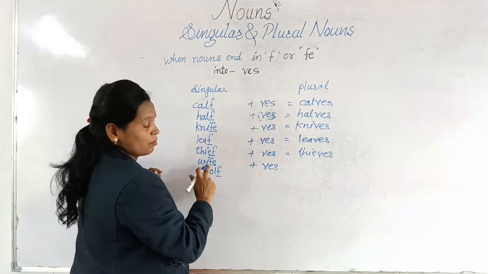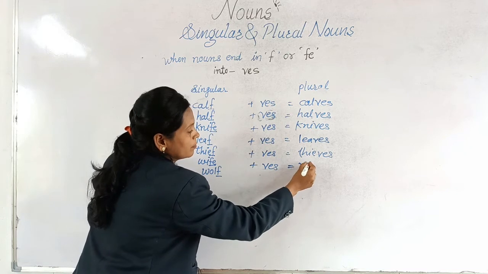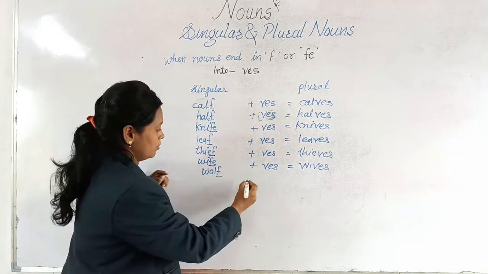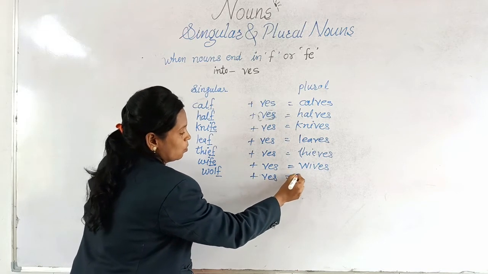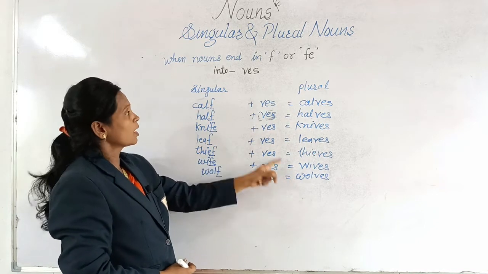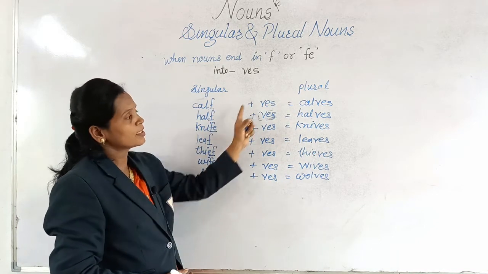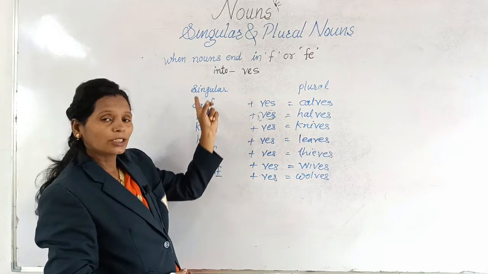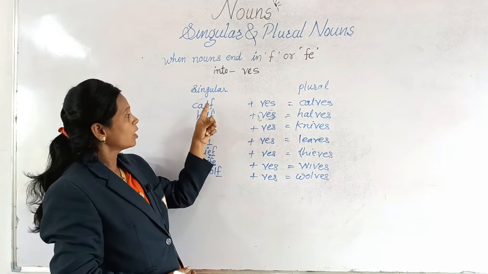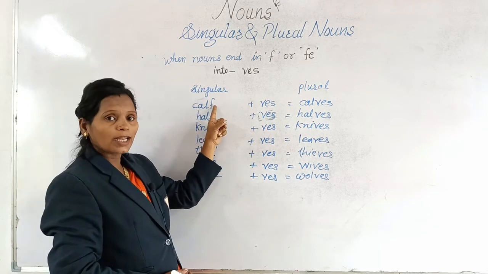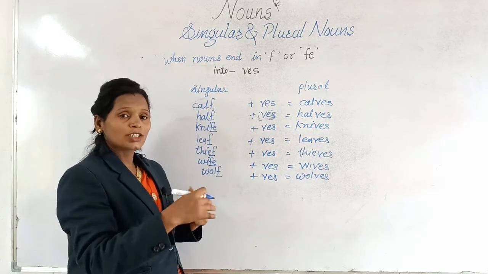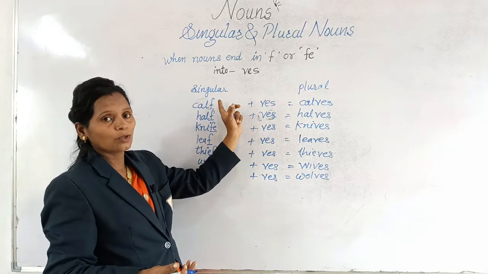Next, wolf, wolves. So these are the examples of singular and these are the examples of plurals. Did you understand, students, how to make them singular to plural? Look carefully at the last letter, and then change it like that from singular to plural.